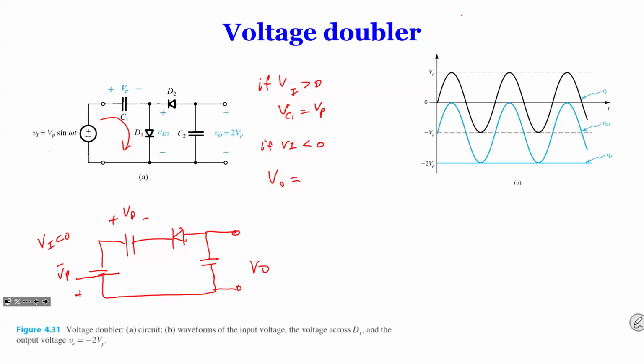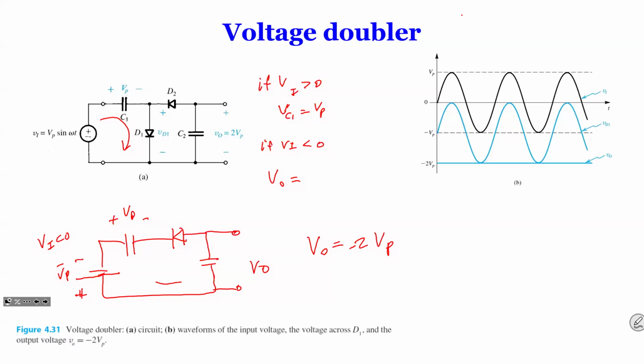Now if we write together, VO is basically Vp plus another Vp, so about 2 Vp. So negative 2 Vp.